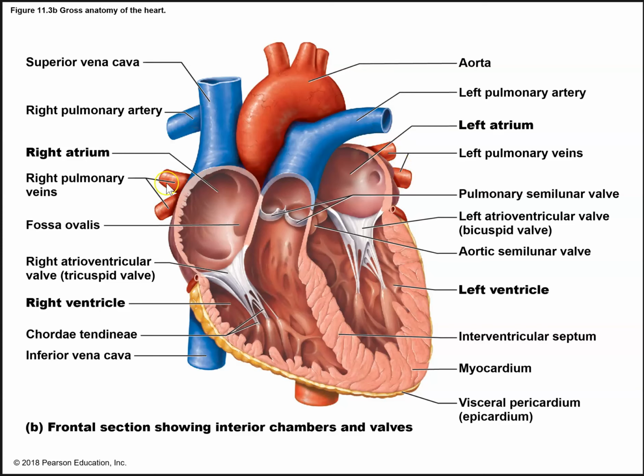The left and right pulmonary veins carry oxygenated blood from the lungs back into the heart. You don't see it right in this picture, but the right pulmonary vein actually goes around the back, and they bring oxygenated blood from the right lung to the left atrium, and the left pulmonary veins bring in oxygenated blood from the left lung into the left atrium.